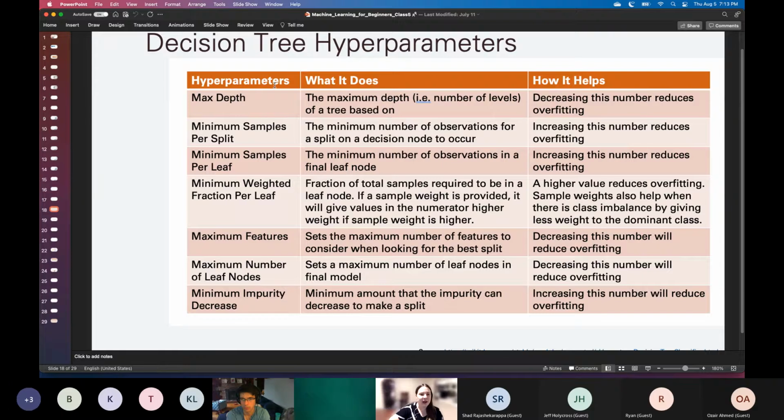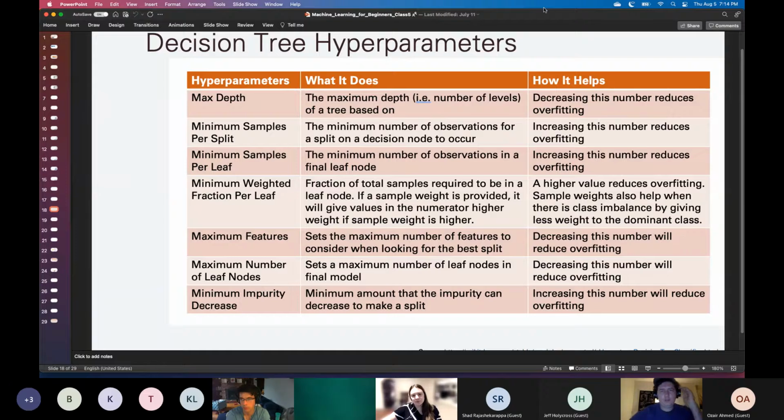If you have a max depth of 3, it controls overfitting so the tree doesn't get too big. But if you have a really, really big decision tree, it's going to overfit and memorize your data.